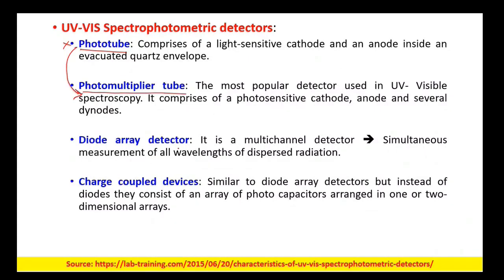Then we also talked about the diode array and charge coupled detectors, which are used as detectors for image processing based spectrophotometers. And I also told you that apart from this, we also have CMOS devices or detectors.